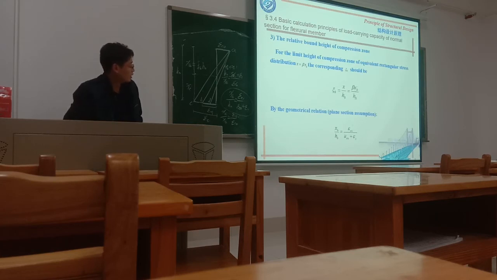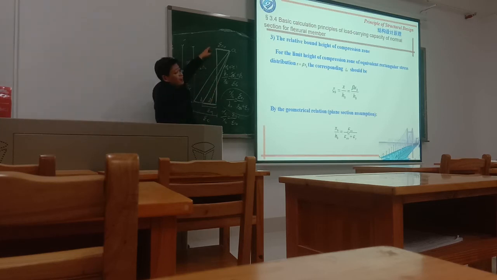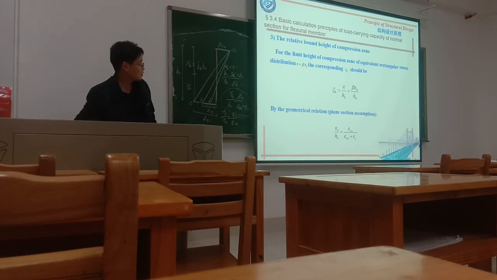Because XB itself is difficult to obtain, we can use ε_cu and ε_y to get XB divided by H0. Then we replace XB divided by H0 by this, and finally we can get ξB.